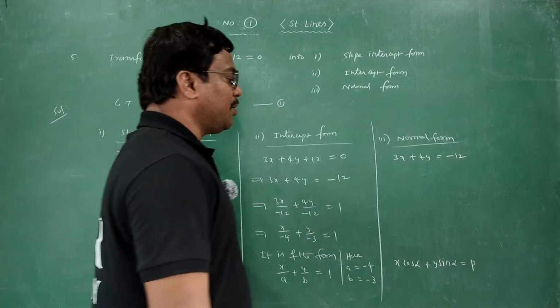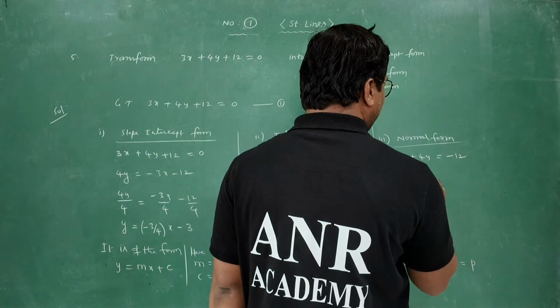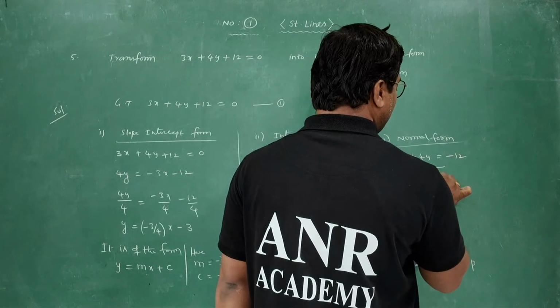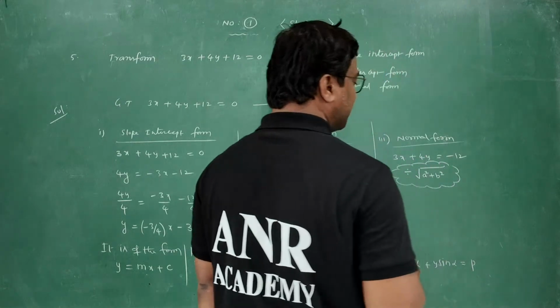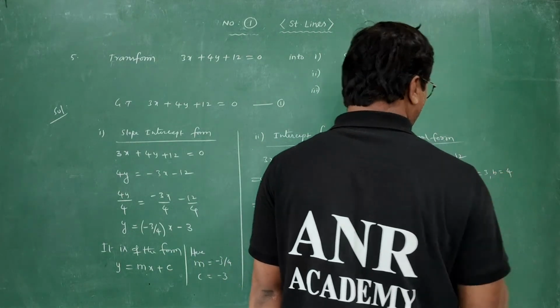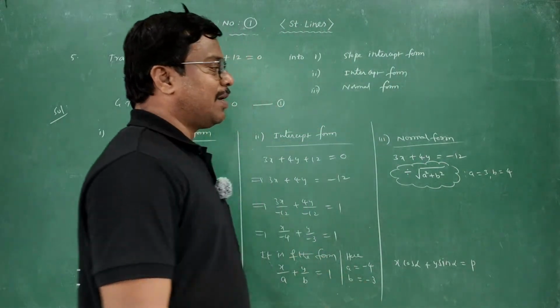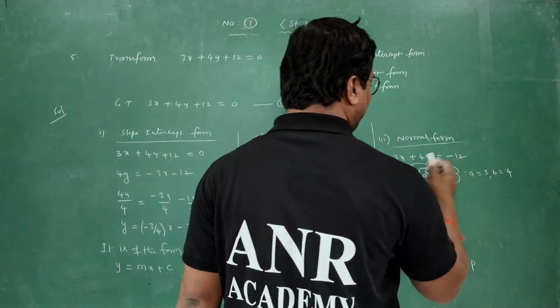So in normal form, to convert into this form, you have to divide each and every term with root over a square plus b square, where the value of a here is 3 and the value of b is 4. Root over a square plus b square becomes root over 9 plus 16, root over 25, which is 5.